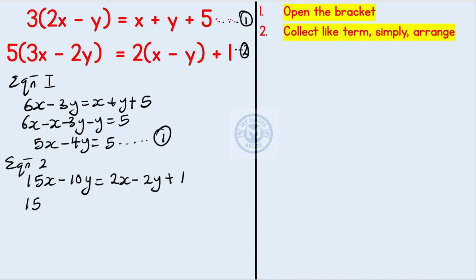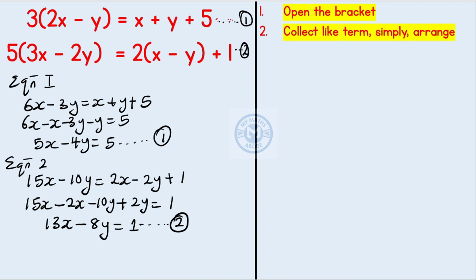So I'll have 15x minus 2x minus 10y plus 2y is equal to 1. 15x minus 2x will leave me with 13x, minus 8y will be equal to 1. Okay, so this will be my new equation 2.